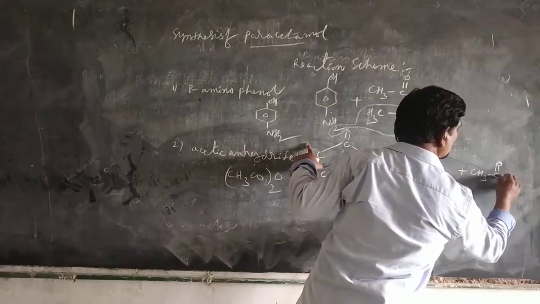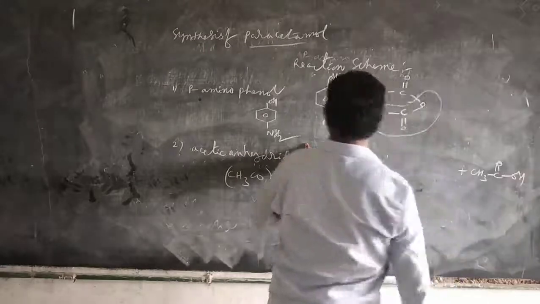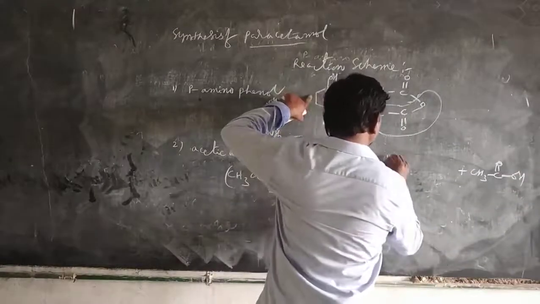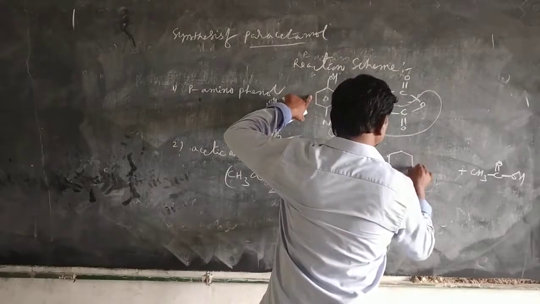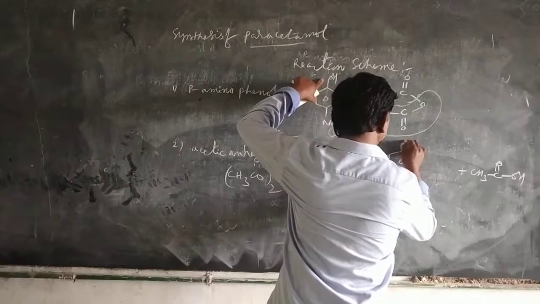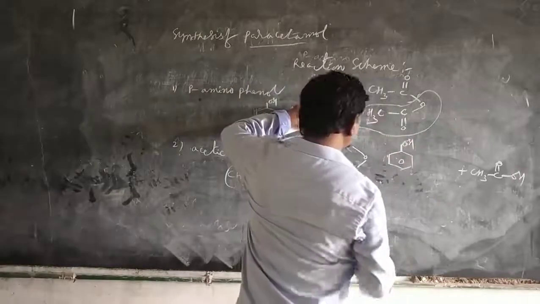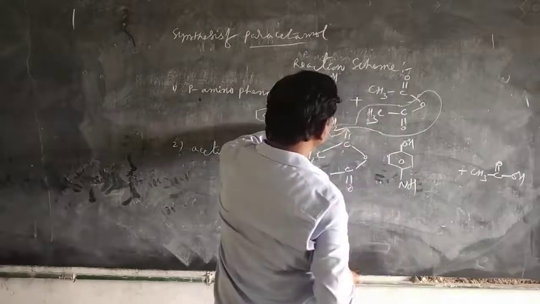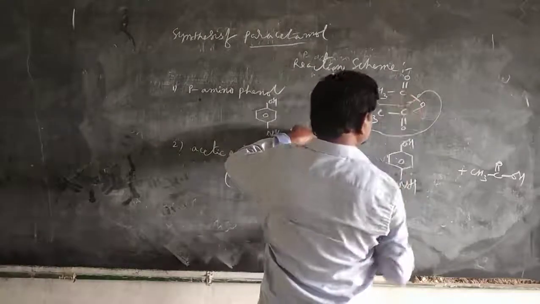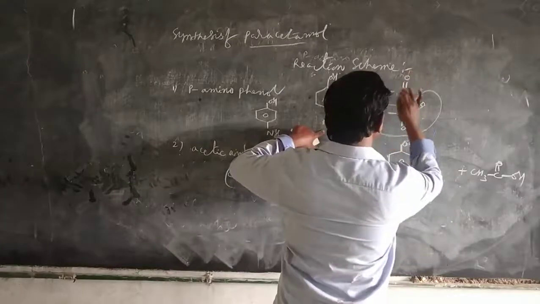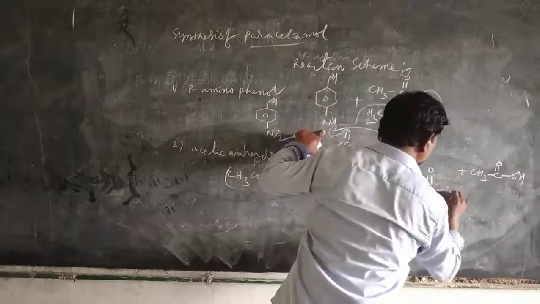CH3COOH, and the remaining main product is a benzene ring as usual connected with OH group, and the remaining portion NH amino group, with C double bond O and CH3.